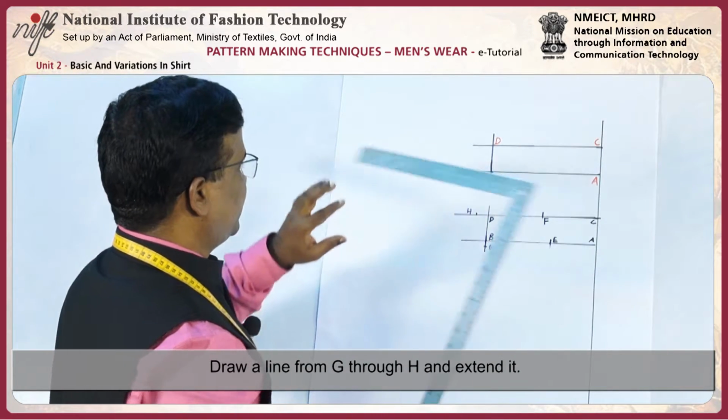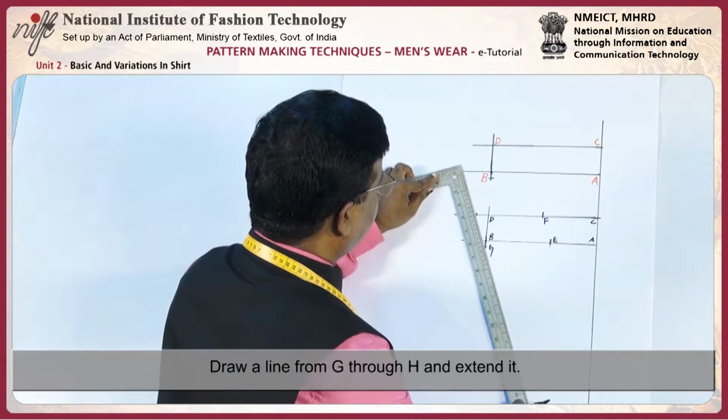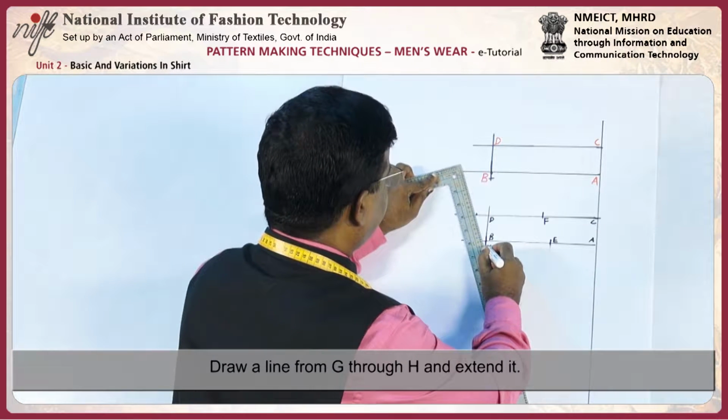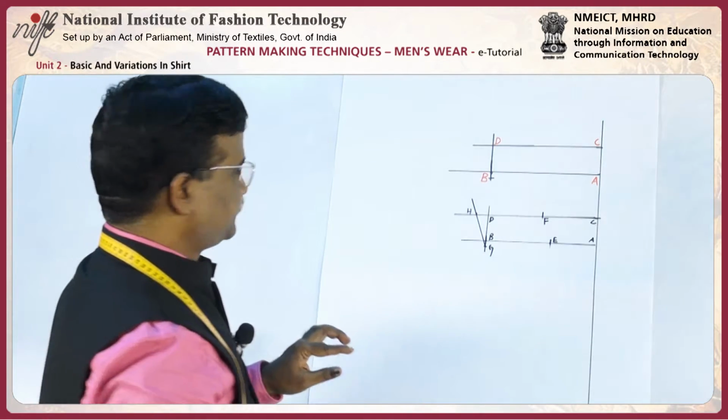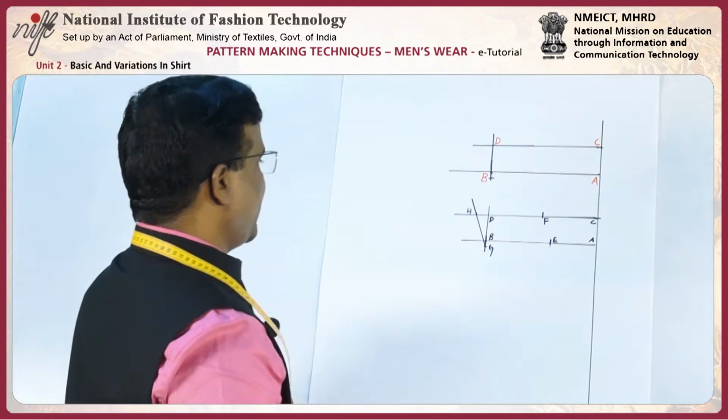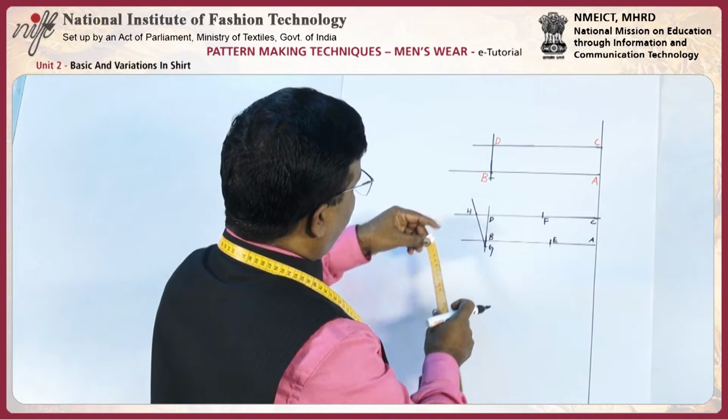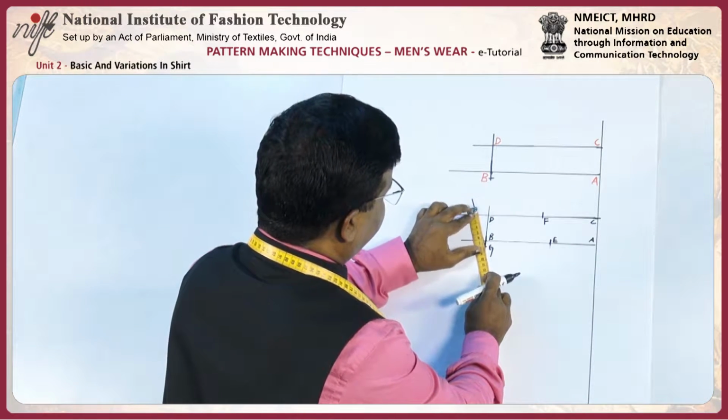Draw line from G passing through H and extend. G to I, collar point, 7.5 centimeter.